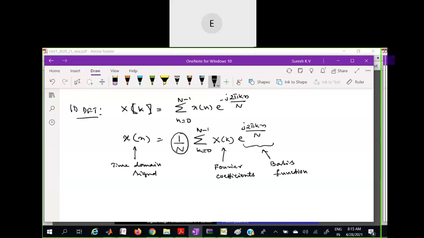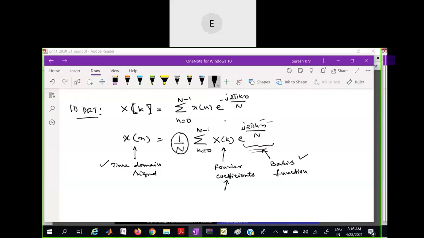What you should notice is that any arbitrary signal x of n can be represented in terms of these basis functions. Depending on the values of k and n, the basis function will take a different shape, and each basis function is multiplied with the respective Fourier coefficient x of k.